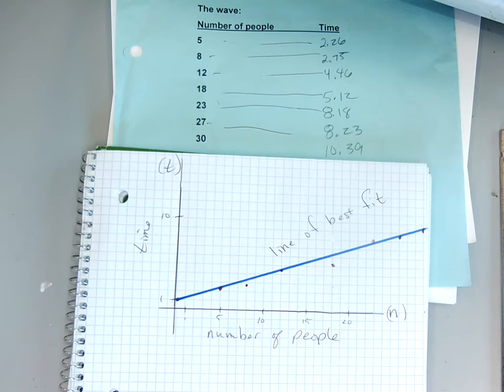Okay, that's what I think my line is, that line right there. So I want you to take your ruler and just try and draw the line of best fit, okay? It doesn't have to be perfect, but just try and get a straight line that goes through most of the points, okay?